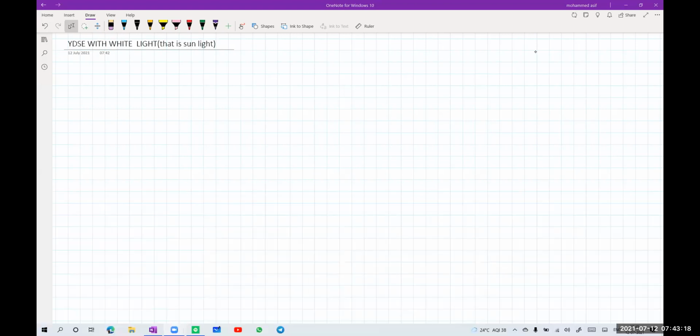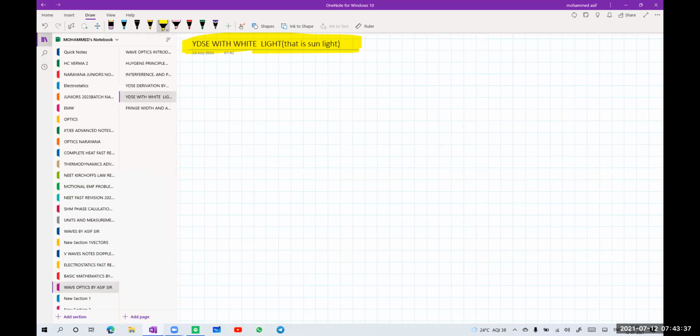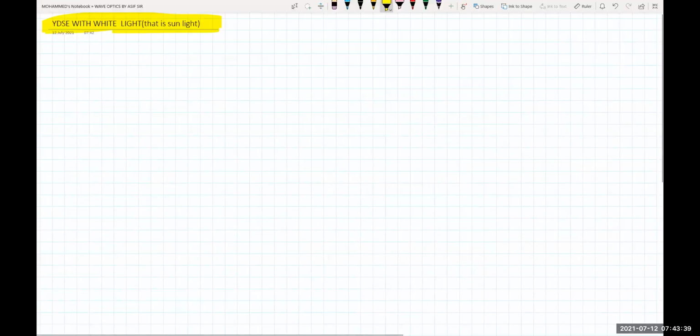Any doubt to anyone? Now we are trying to do the YDSE not with monochromatic light, but with white light. Then what happens? Let us see.